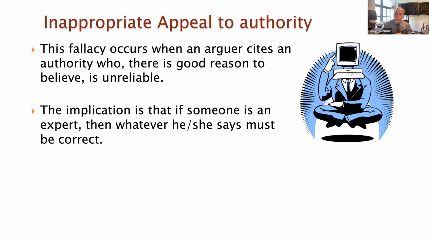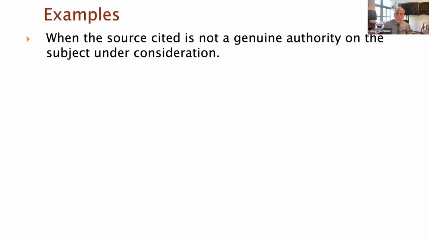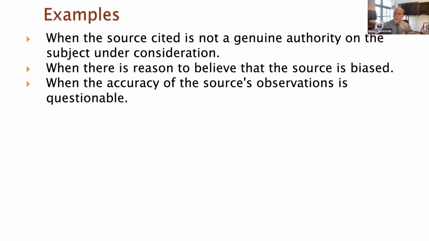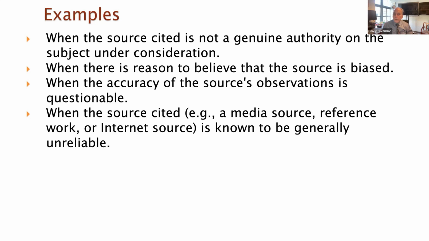The implication is that if someone is an expert, or so-called expert, then whatever he or she says must be correct. Examples: when the source cited is not a genuine authority on the subject under consideration, when there is reason to believe that the source is biased, when the accuracy of the source's observation is questionable, when the source cited, like a media source, reference work, or internet source, is known to be generally unreliable.